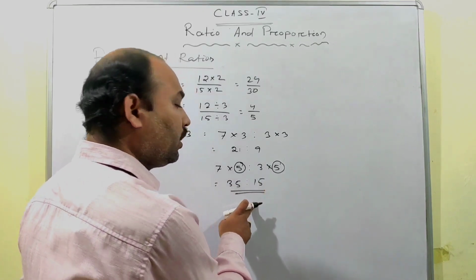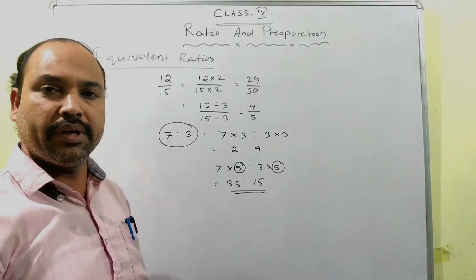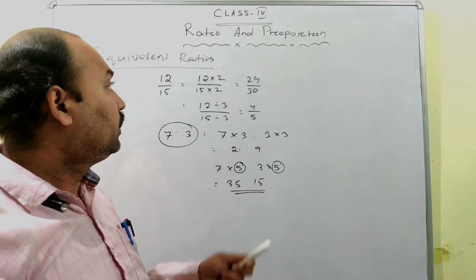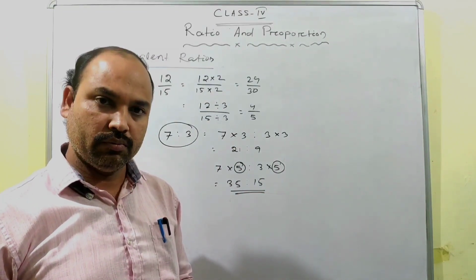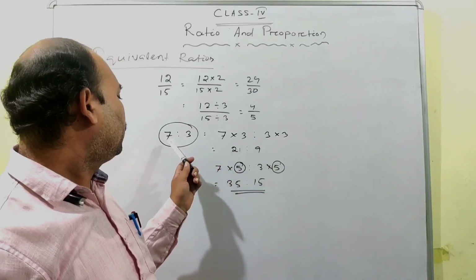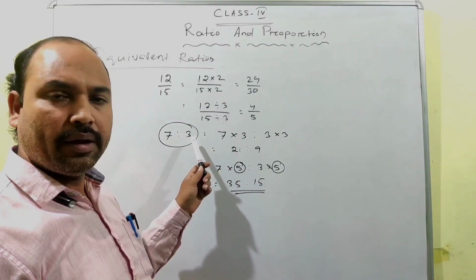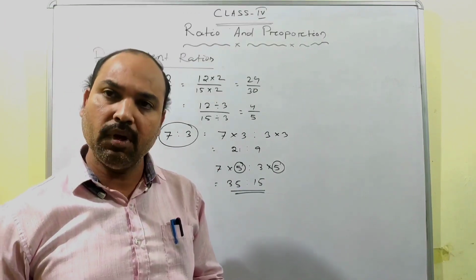This one is the equivalent ratio of 7:3. So it is known as our equivalent ratio. Here there is no common factor except 1, which means 7:3 is in its simplest form.